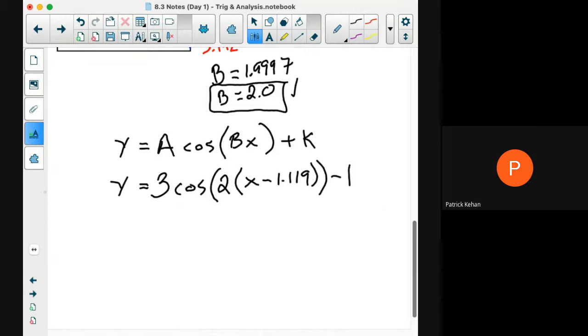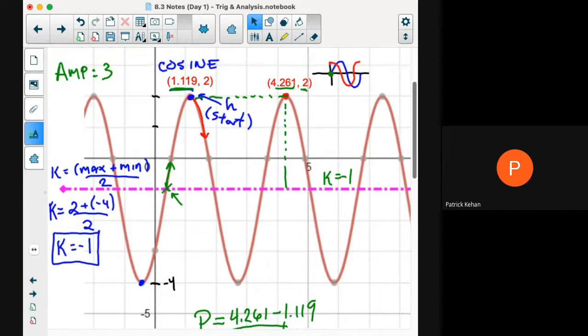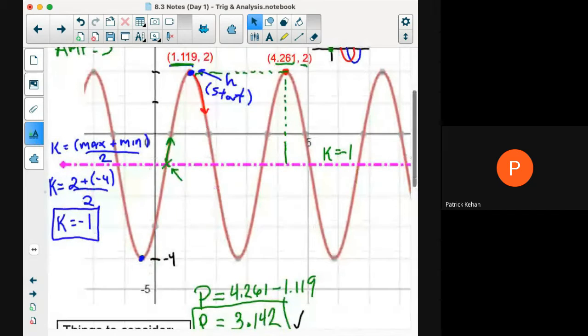And that's our function. With these horizontal shifts, we always want the angular frequency outside, and then in the group where the variable exists, that's where we do our subtraction and addition of the h value. That's essentially the function equation to model this. Next example, we're going to look at how to write multiple different function rules for this.